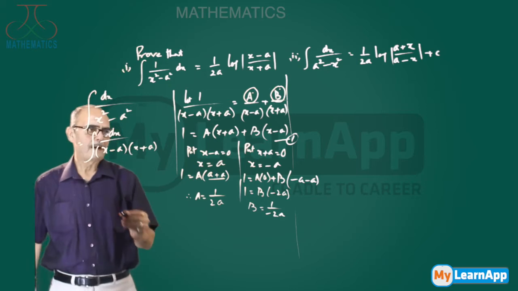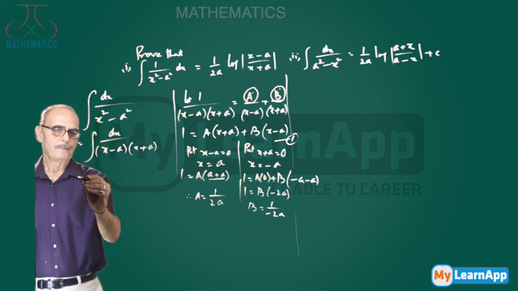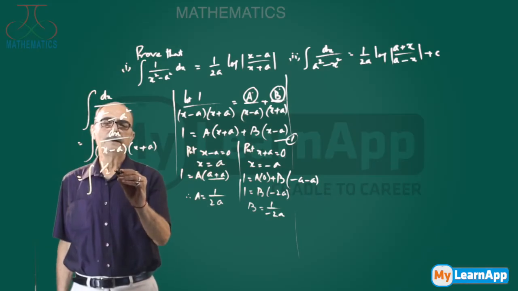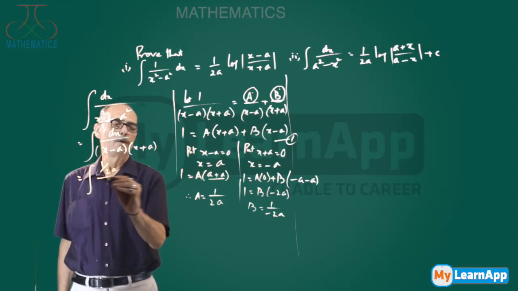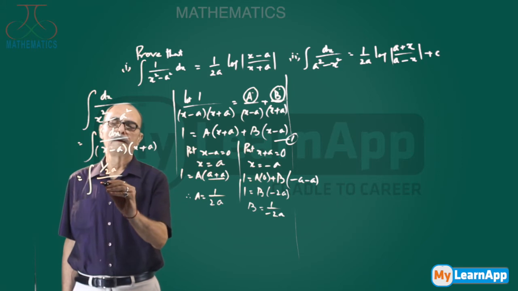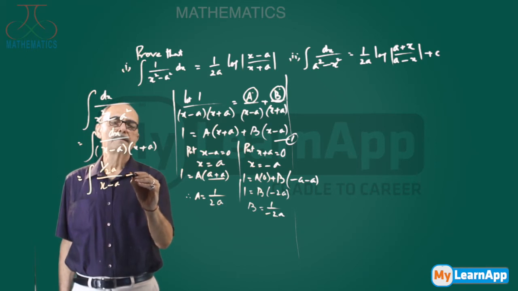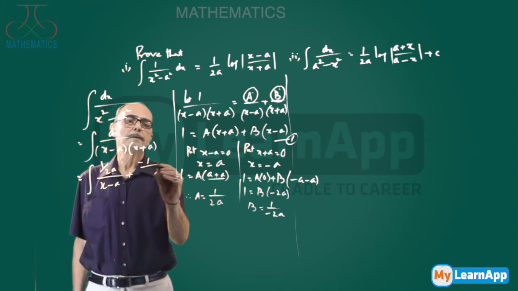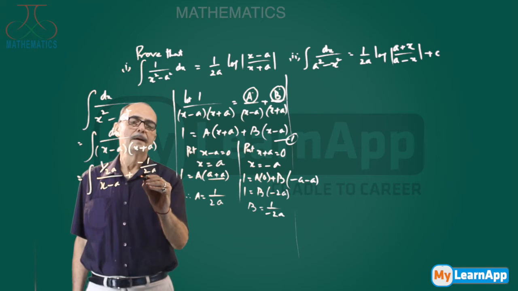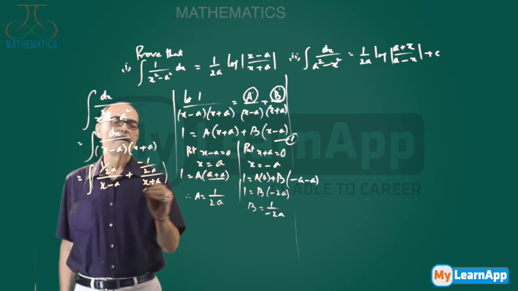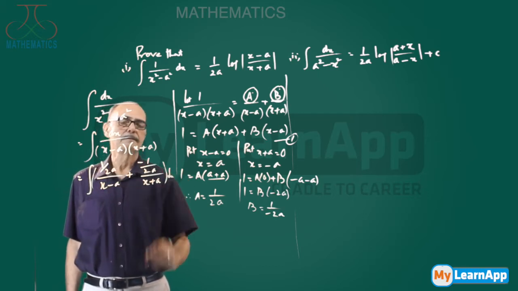So, coming back to the original problem, we have reduced it to the integral of 1 by 2a upon (x minus a) plus minus 1 by 2a upon (x plus a) d of x.